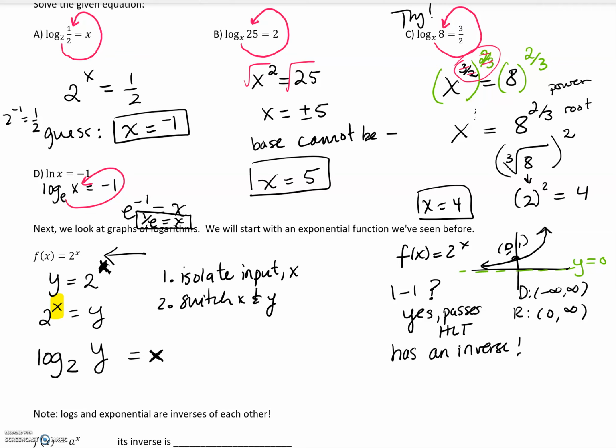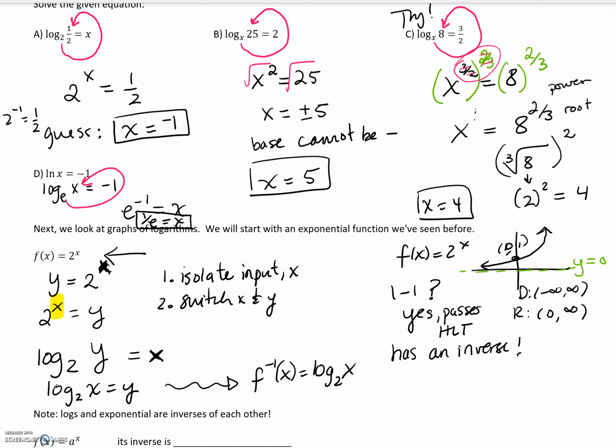Step 2 in finding inverses was switch the roles of x and y. So now I have log base 2 of x equals y, which means my inverse function must be log base 2 of x. So I started with the exponential function.